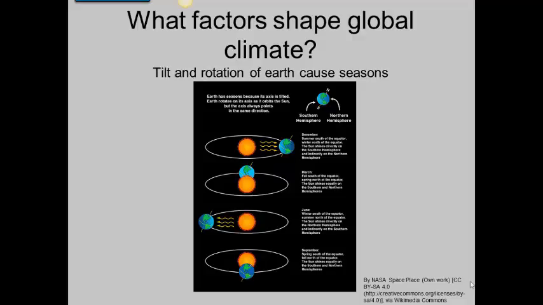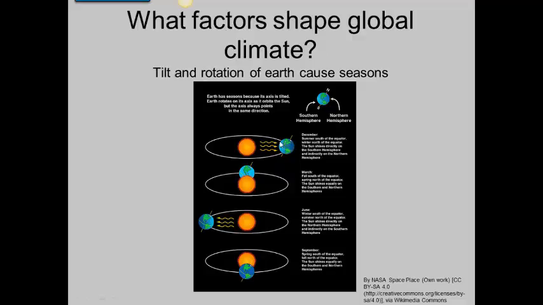The first picture shows the position of the planet relative to the sun when it's summer in the southern hemisphere. As you can see, the southern part of our planet is facing the sun, so it's going to be receiving more sun, and the northern hemisphere is going to be receiving less.